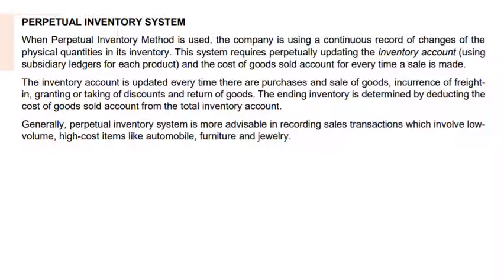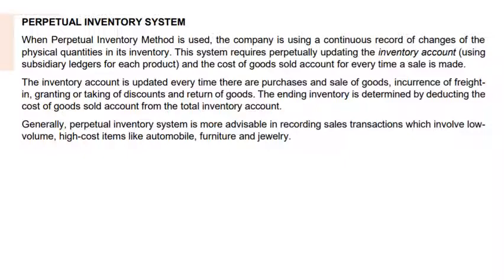So all the purchases that are recorded using the periodic inventory system will be converted to the inventory account, as well as the purchase returns and purchase discounts, and also the freight in.